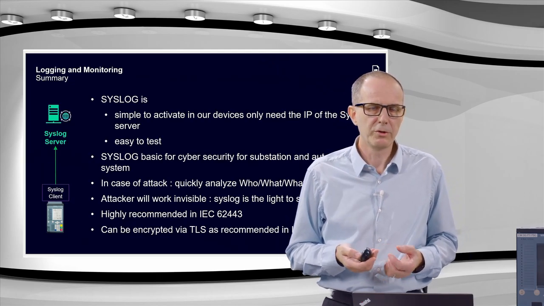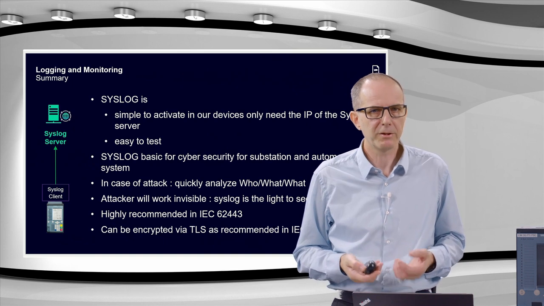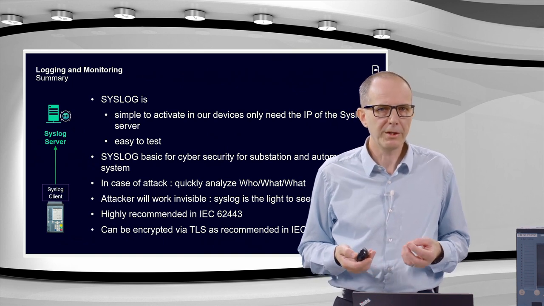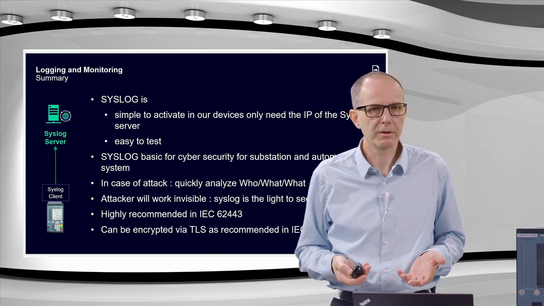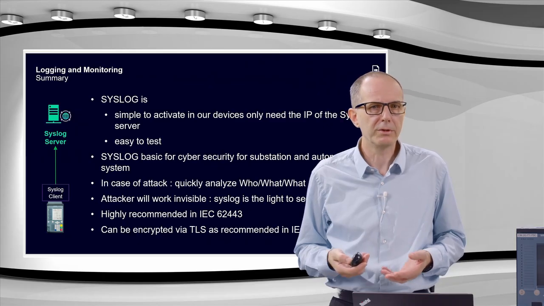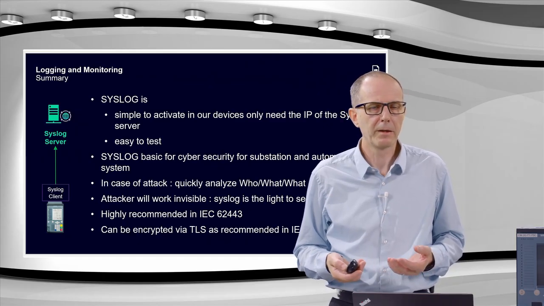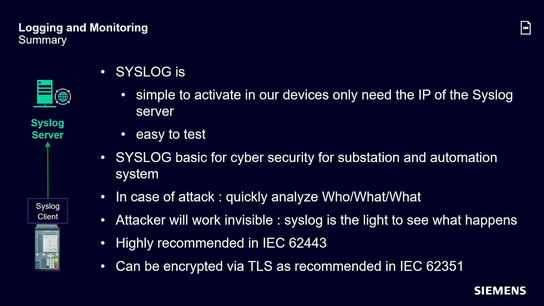Syslog in summary. Syslog is simple to activate in our device. You only need the IP address of the syslog server, and syslog is easy to test with some freeware. Syslog is a basic for cybersecurity, for substation protection and automation systems, and also for IT devices.